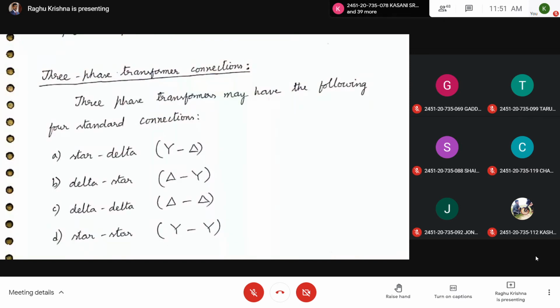Next, delta-star: primary is delta connected, secondary is star connected. Delta-delta: both primary and secondary are connected in delta. Fourth one is star-star: primary is connected in star, secondary is connected in star.